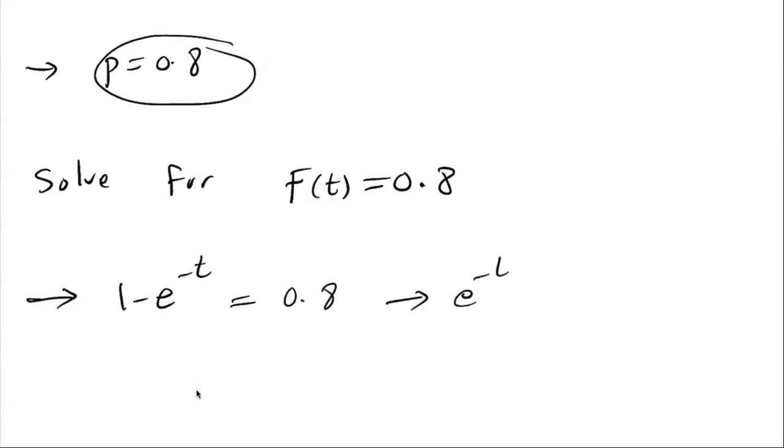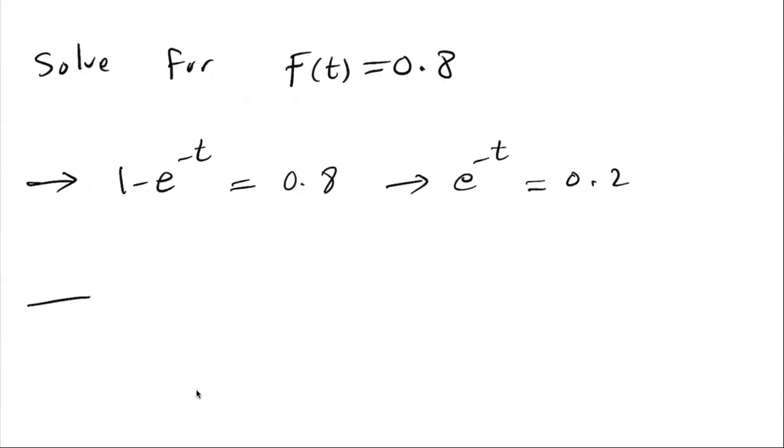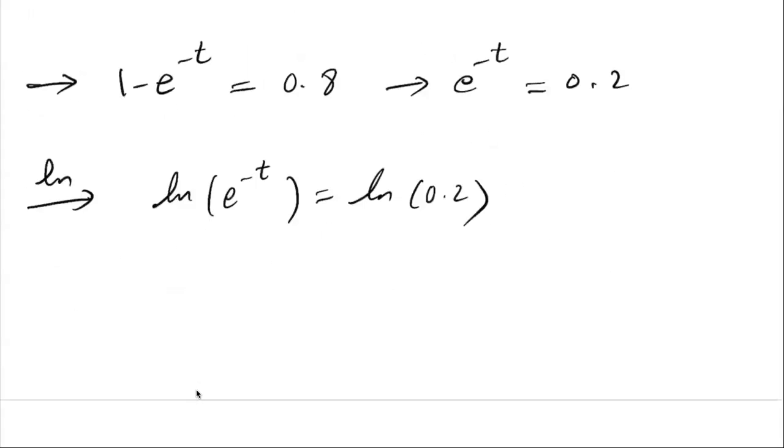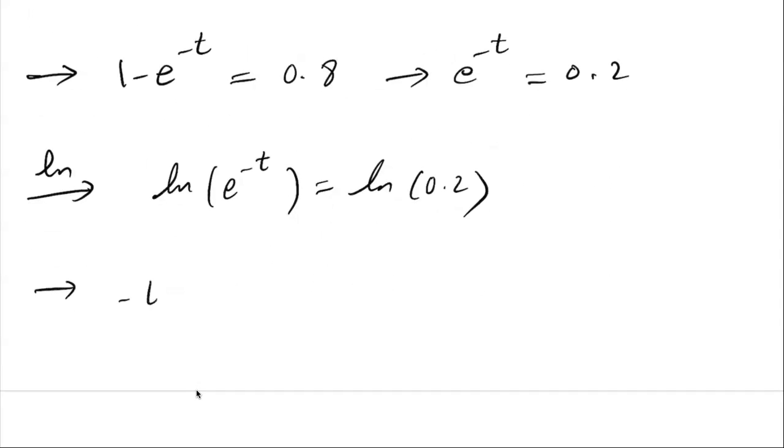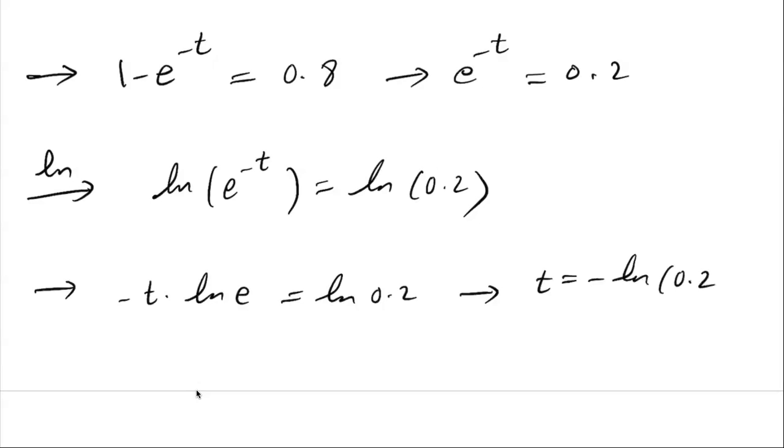So e to the power minus t must be 0.2. Again, take ln. Minus t times ln e equals ln 0.2. And therefore t will be minus ln 0.2.